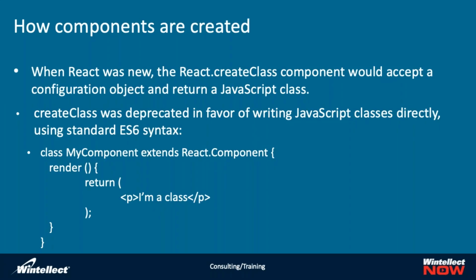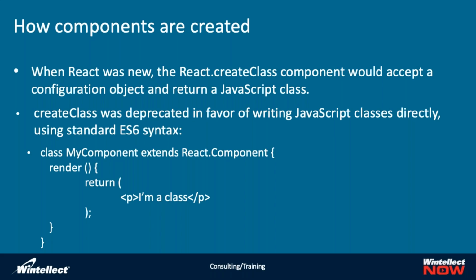This class method of creating components isn't the first method that was initially created for defining what components, or React elements, are. Actually, the first method that was used to create React components was called the React.createClass method, which you would pass a configuration object into, and then it would create a React element that way.